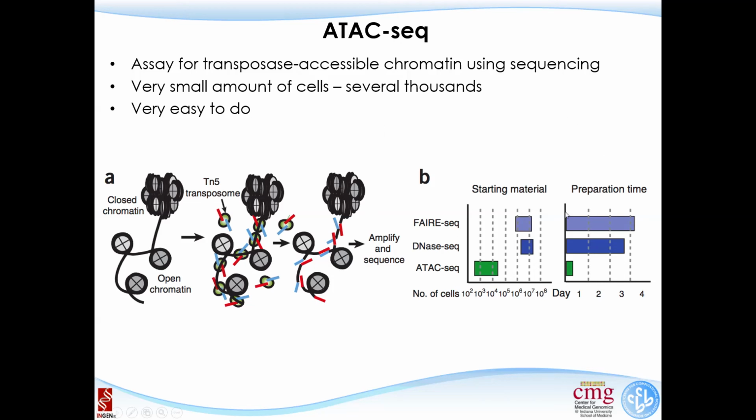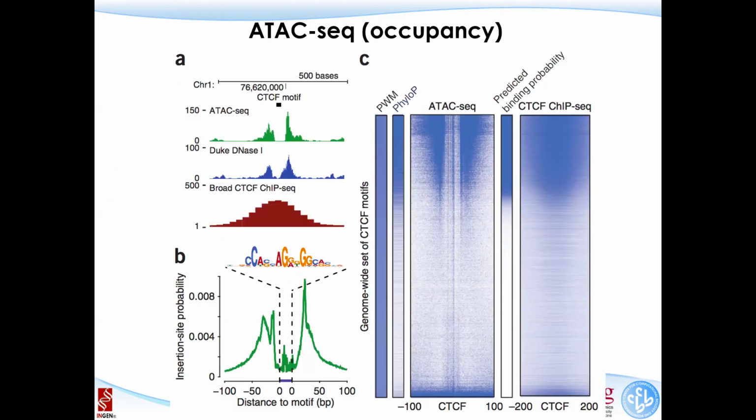So this is a comparison of different technologies, but the point is that using this technology, you can start from a very small number of cells, and sometimes about 500 to 50,000 cells will be adequate. This is what is being shown here.